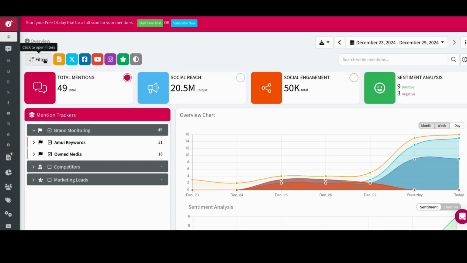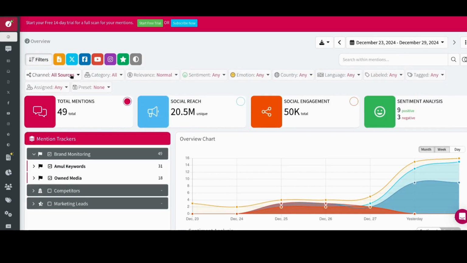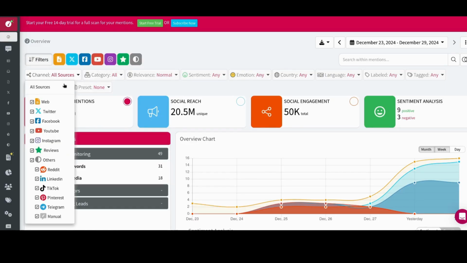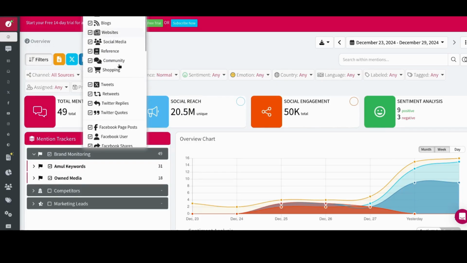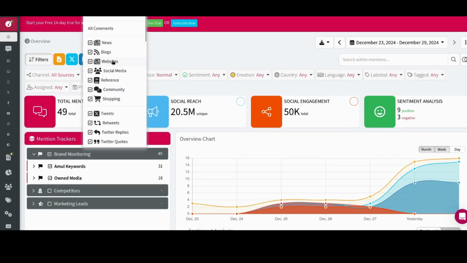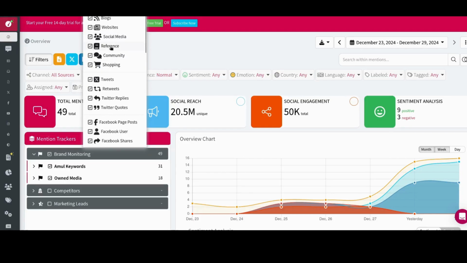Here we can filter on the basis of what we need to analyze the branding and scaling it up or scaling it down. So over here we can see channels. What sort of social media platforms do you want to include in this analysis? What categories would you prefer? Will it be from the news, the blog, social media, or any specific references, or shopping?